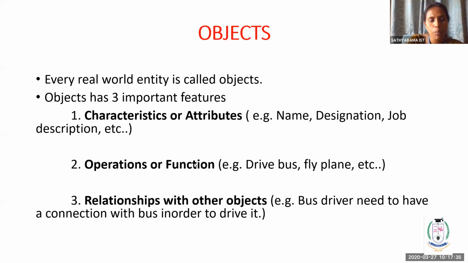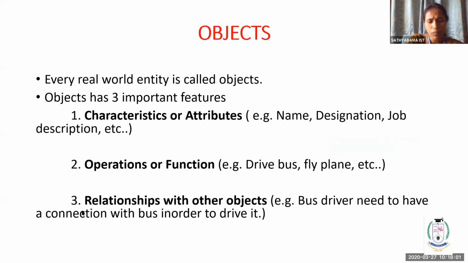The operations of a boy or a girl are dancing, singing, walking. These are considered the operations of an object. Here is one more example: a bus is an object, and driving the bus or flying a plane are operations of the particular object.